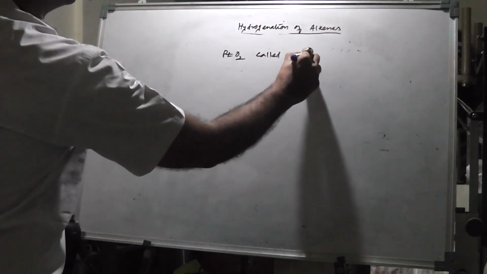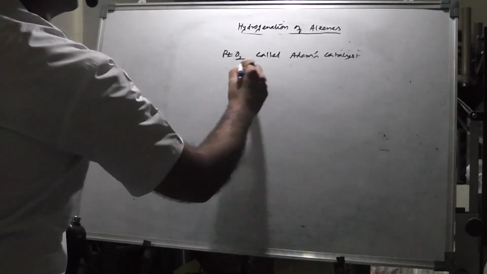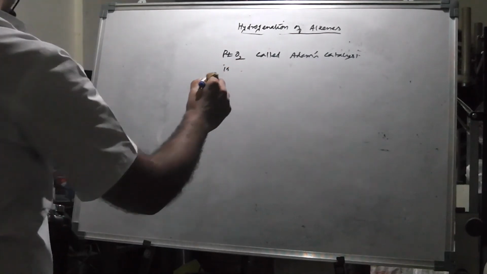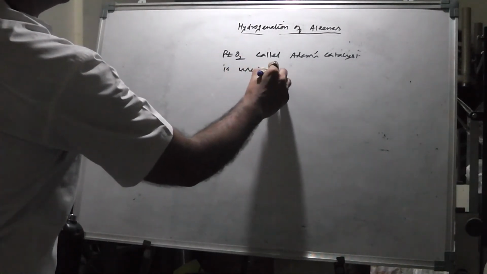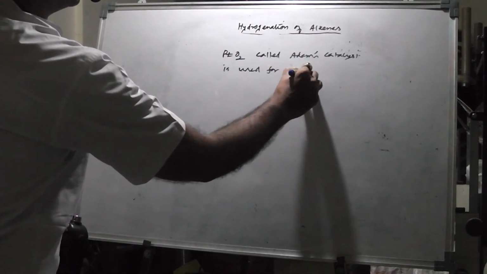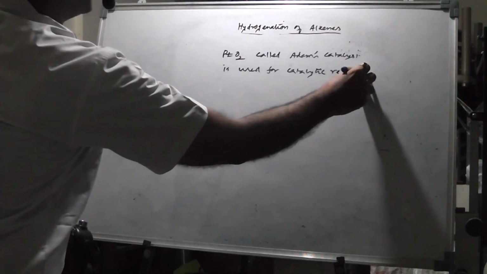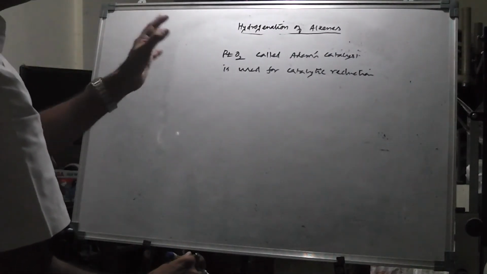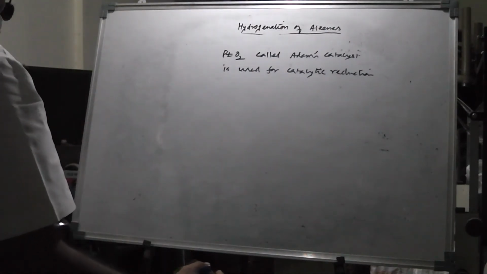Adams catalyst is used for catalytic reduction. During the process, PtO2 will be reduced to Pt and it will be catalyzing the reaction.